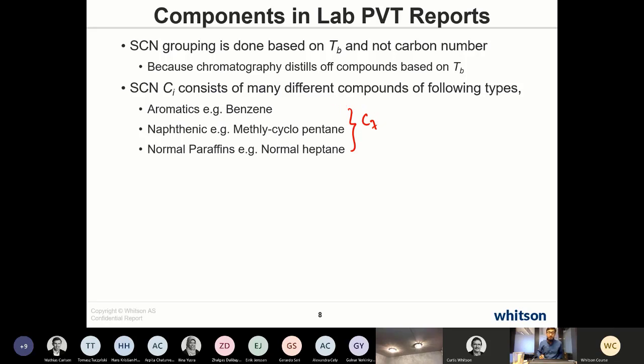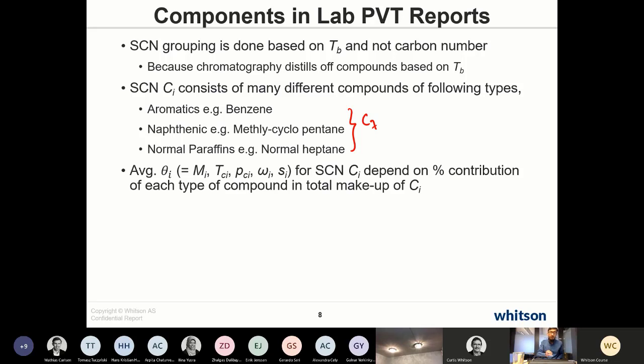And the component properties, because now this is a pseudo component, right? Because this single carbon number consists of many pure compounds, the average properties of this single carbon number component depend on how much is the contribution of the different types of compounds in the total makeup of the single carbon number.